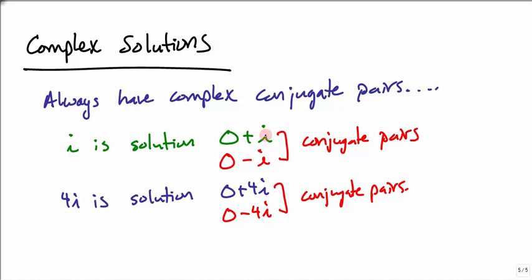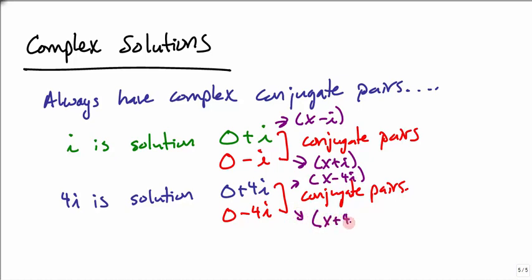Well, in this particular case, if plus i is a root, that would mean the factor that it came from was x minus i. Over here, if negative i is a root, x plus i would be the factor that it came from. Same thing here. x minus 4i was the factor that the root 4i came from. x plus 4i is the factor that the root negative 4i came from.